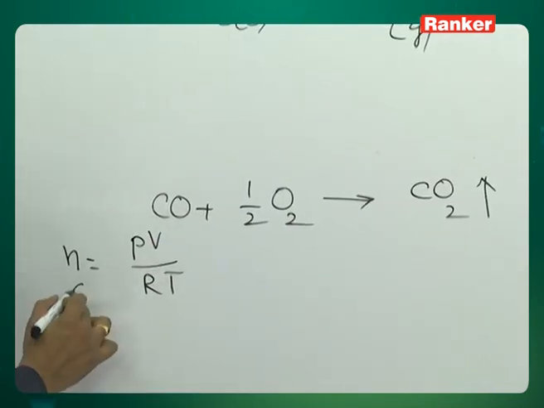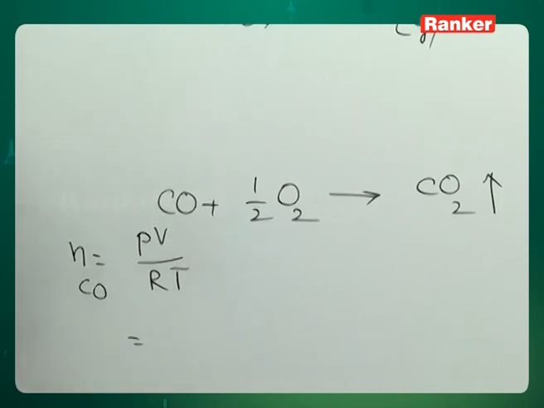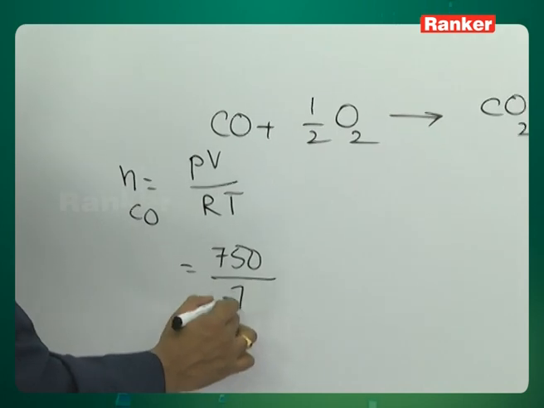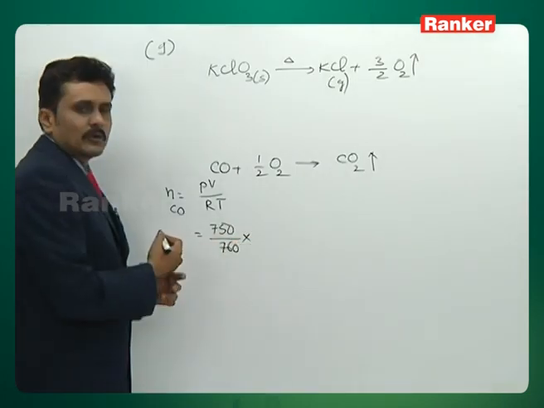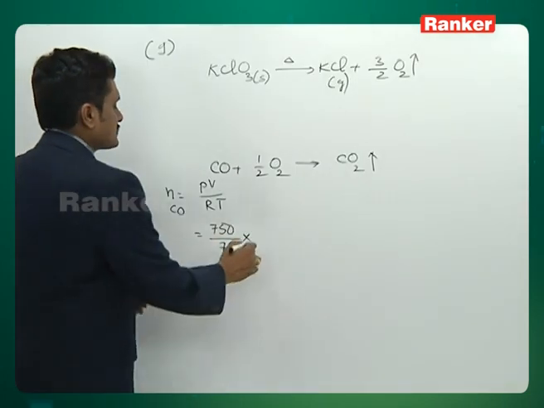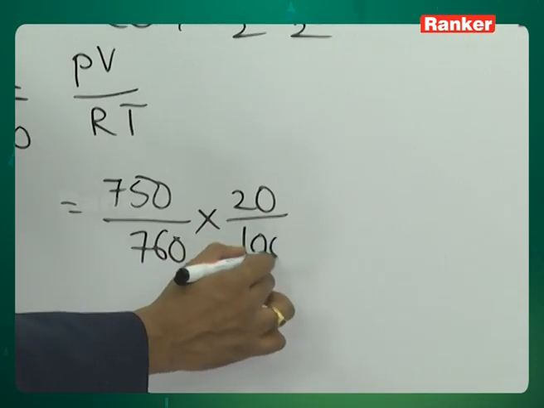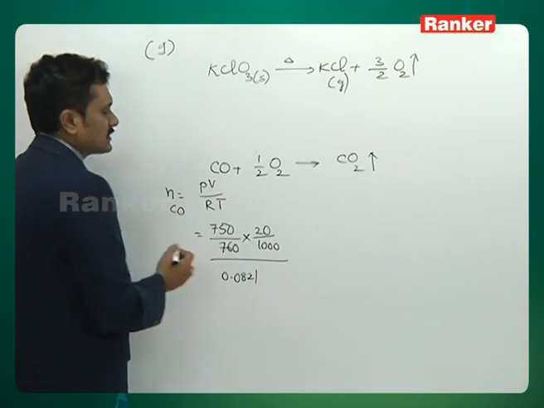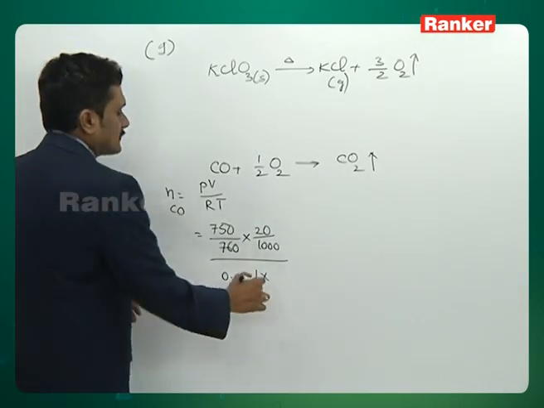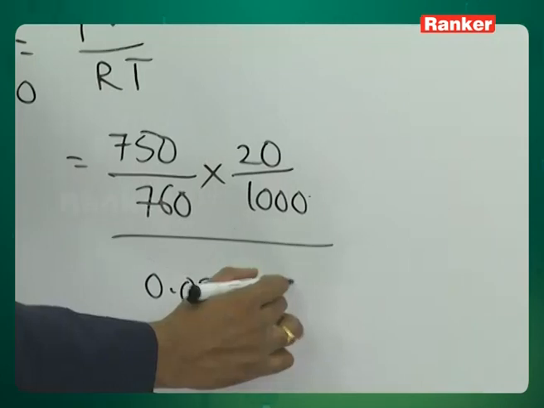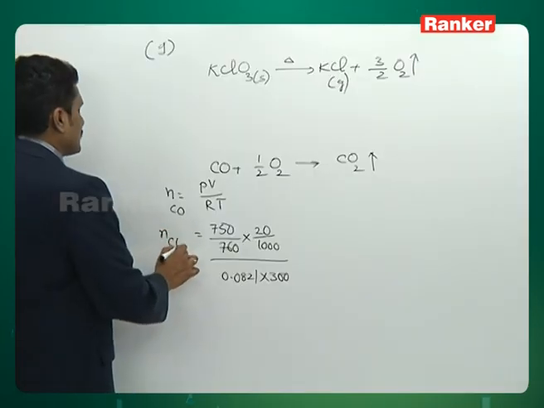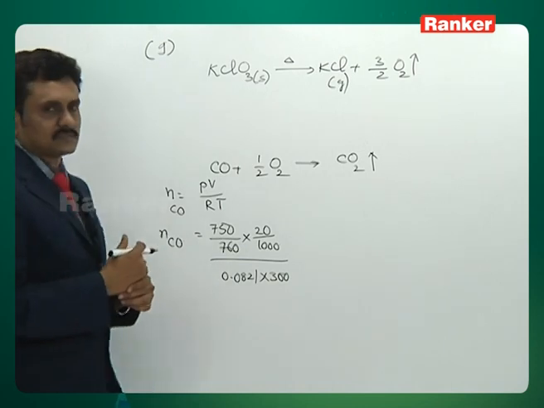In this case, the pressure is 750 mm, the volume is 20 milliliter, R value in liter atmosphere is 0.0821, and the temperature is 300 Kelvin, that is 27 degrees Celsius. These are the number of moles of carbon monoxide we have.